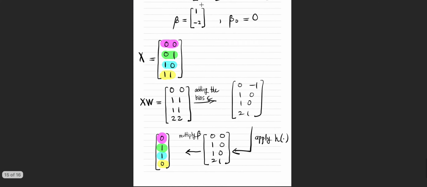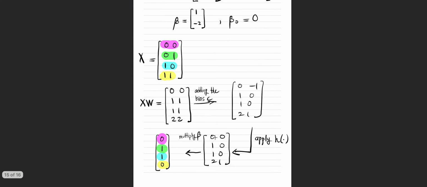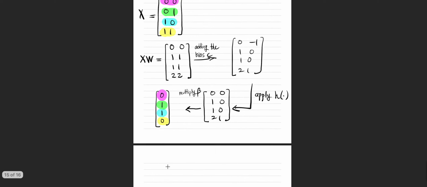And then the inner product of each row with 1 and -2, and then we get 0, 1, 1, 0. So essentially the input to the network is 0, 0, the output is 0. The input is 0, 1, the output is 1. The input is 1, 0, the output is 1. The input is 1, 1, the output is 0.